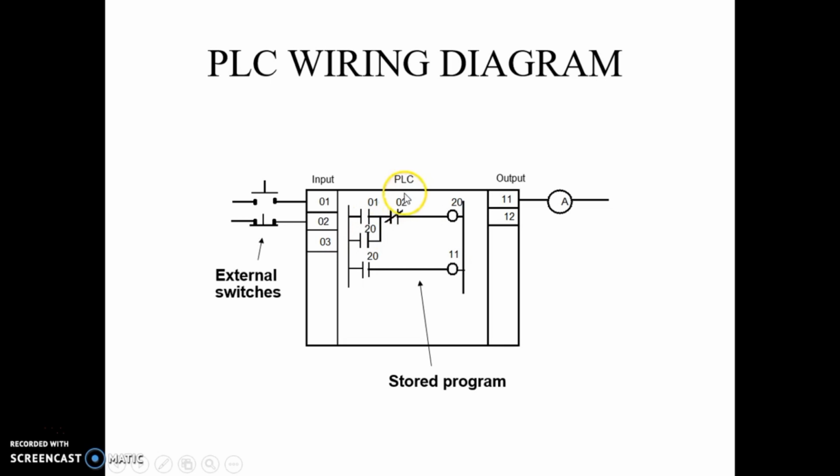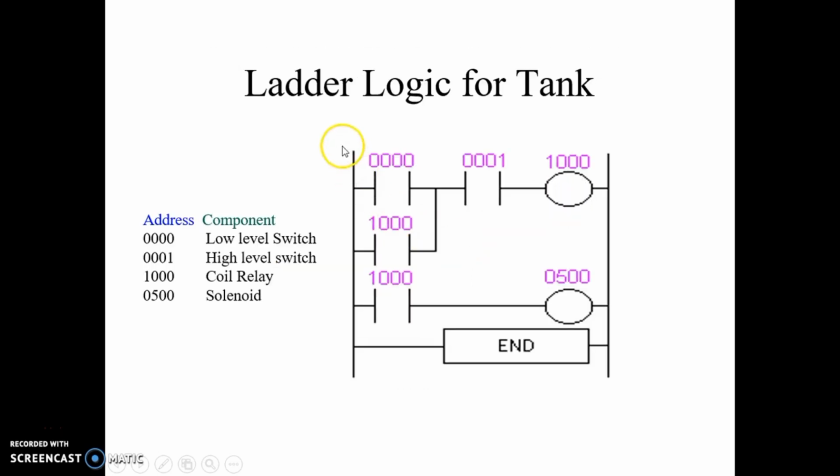Now whenever the tank is full, this contact is energized and it will break the circuit. So the circuit is broken and it will stop delivering water through the motor or pump. This is the output, where you connect the motor or solenoid. This is the ladder logic for the tank.